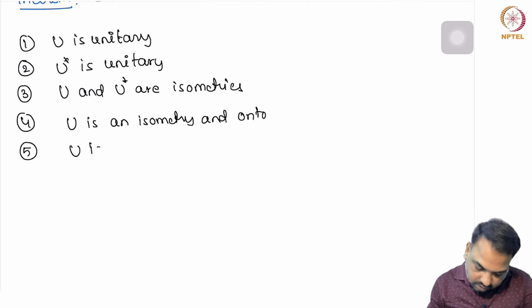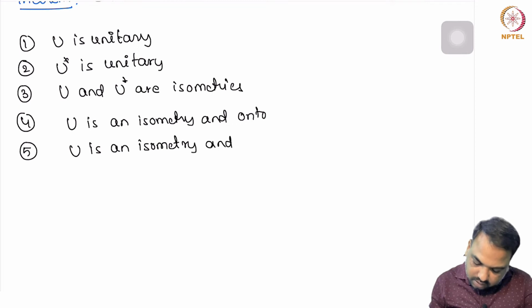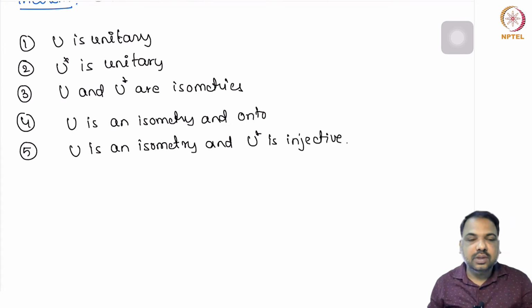This U is an isometry, and U star is injective, that means null space of U is 0.